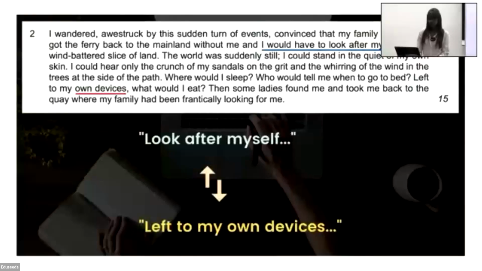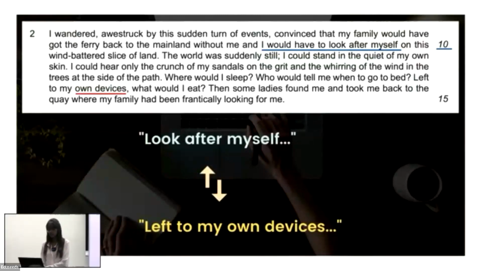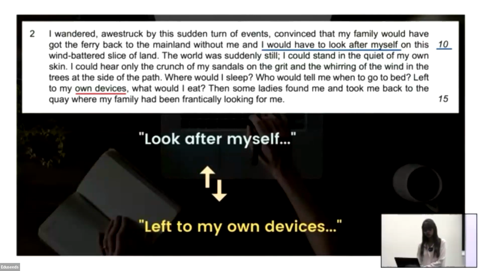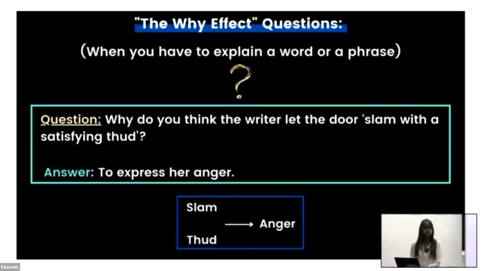This is from the passage. Can you see the text box? See the one underlined in blue, I would have to look after myself. It's linked to the phrase at the bottom, left to my own devices. So the answer is in the passage itself. This is what we call the future stroke question.